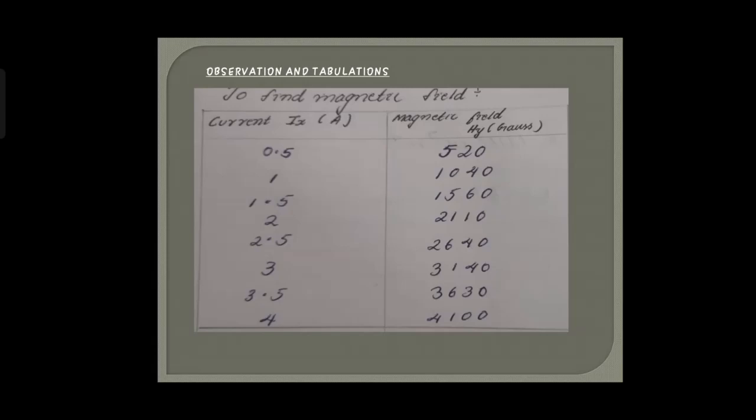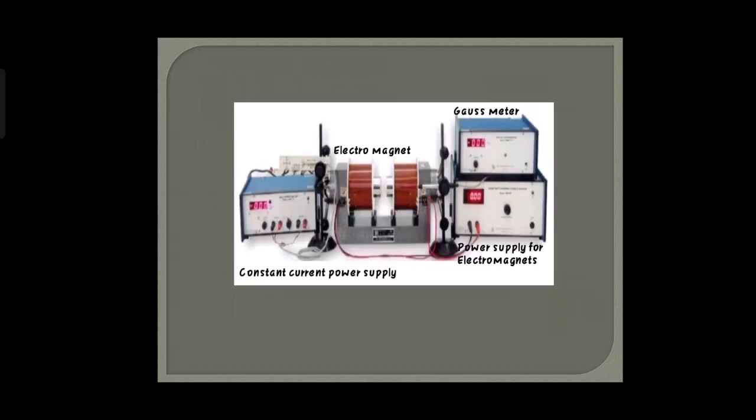Now let's look into the observation and tabulations of the experiment. Firstly, we have to measure the magnetic field corresponding to the applied current. For that, arrange the setup in such a way that a constant current is set in the power supply and it produces some magnetic field in the electromagnet.